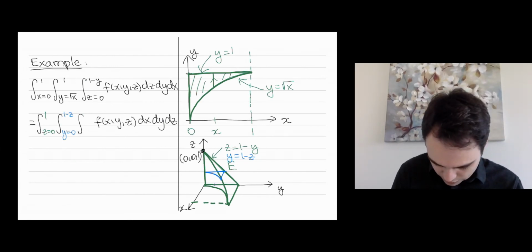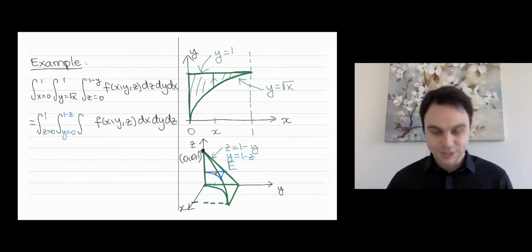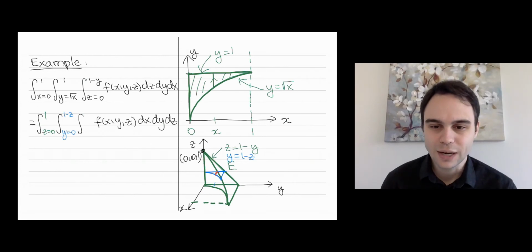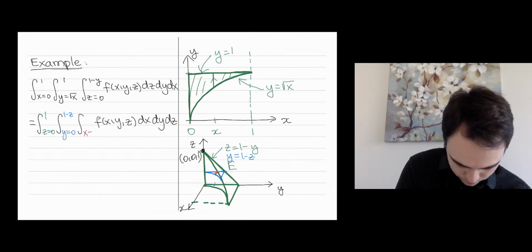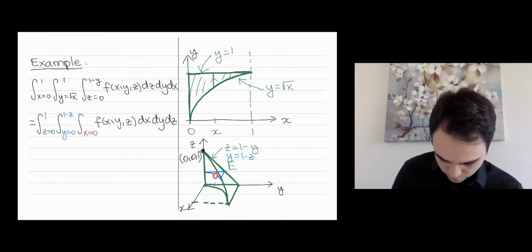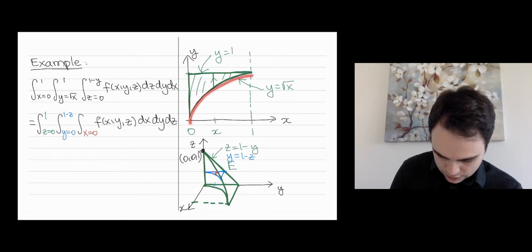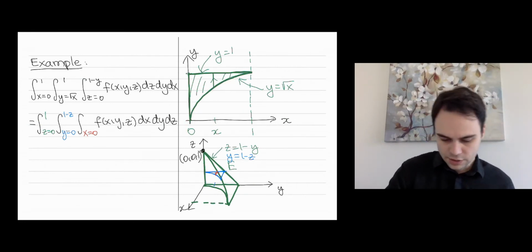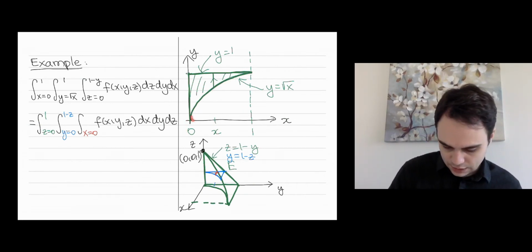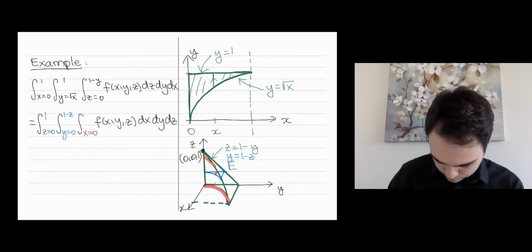And now if I fix an intermediate value of y between these two, the picture is getting really tiny. The x integral takes place over this red segment. So x starts back here where it's equal to 0, and it stops here in the front. So it lives on this curved shape, which is a cone over this curve over here.